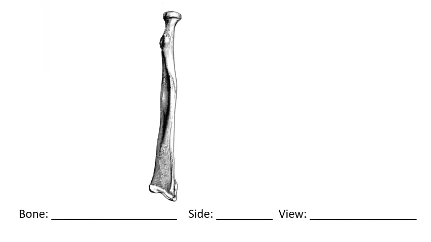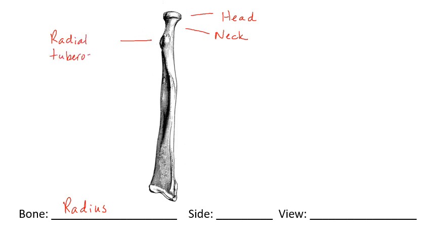Okay, so hopefully you got this right, because your bone's a little bit different than the one you were working with, and let's go through it and make sure that we have it correct. So here we are looking at the radius. And if we're going to label it, which we want to do, we have the head, we have the neck, we have the radial tuberosity, and down here we have the styloid process.